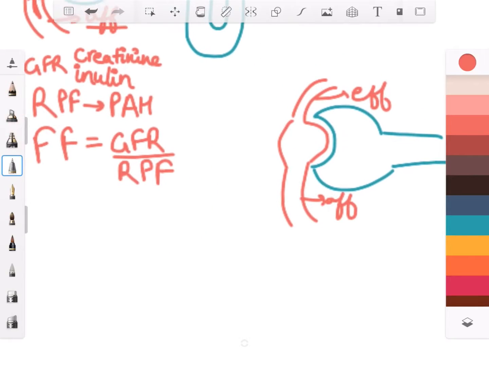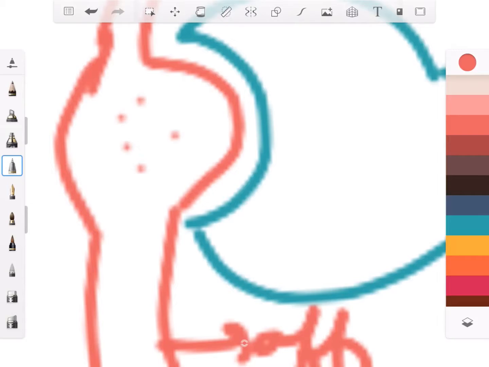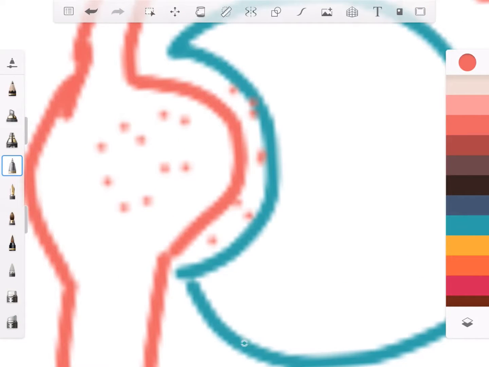Now, there are proteins present in the glomerulus and there are proteins present outside the glomerulus. Now we're going to talk about certain forces that help in the process of filtration. So the blood in the glomerulus causes an outward force, which is the hydrostatic force in the glomerulus.